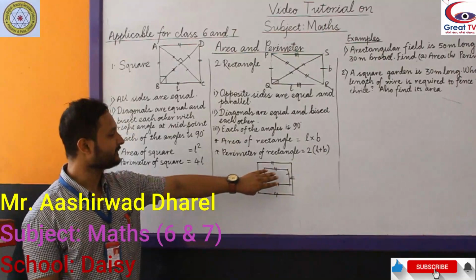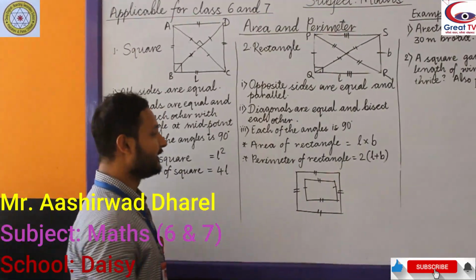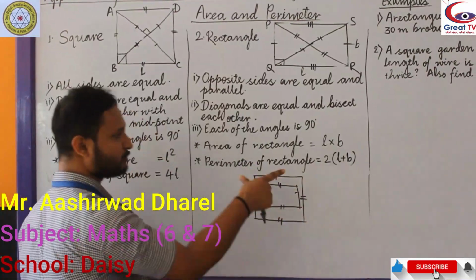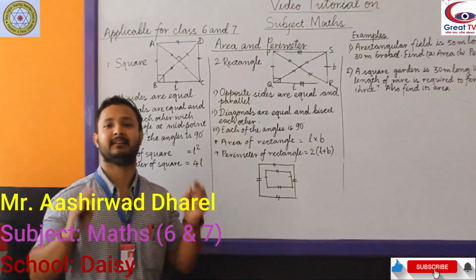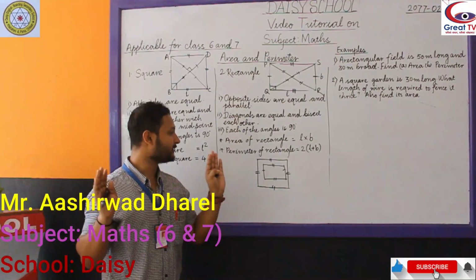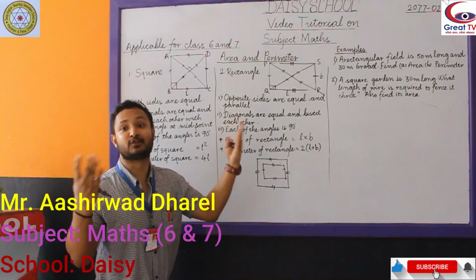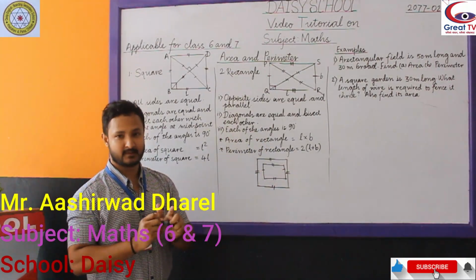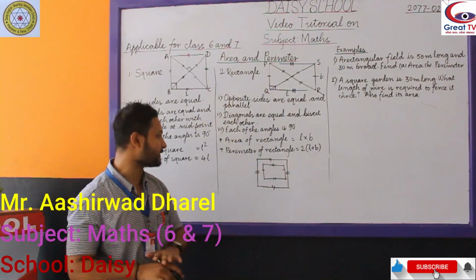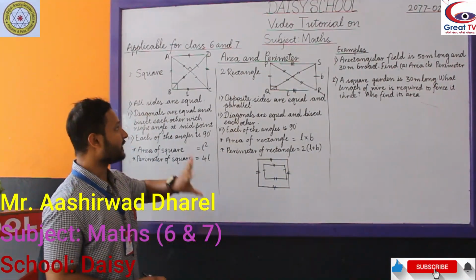And they told me, that is a rectangle, sir. Then I asked them again, is rectangle bigger than square? And they were surprised. They said, no sir, the square can also be bigger than rectangle. So their shape and size is not the difference. So what is the difference?